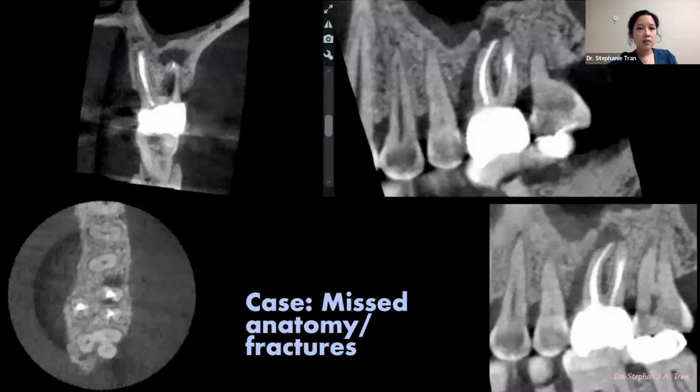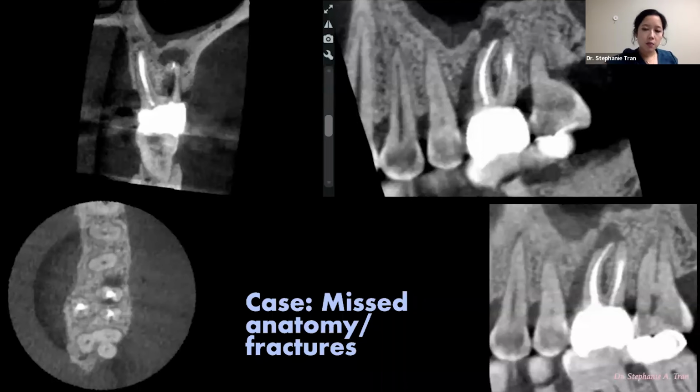So I wanted to see if there was a missed canal, but oh, boom, we can see that there is a widened PDL mid-root on the mesial buccal, on the lingual side, distal side, a very widened PDL on the mesial side, and a large periapical radiolucency as well. And all this is associated with some mucosal thickening, and almost some perforation of the lesion into the sinus.